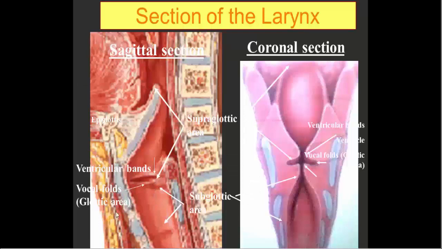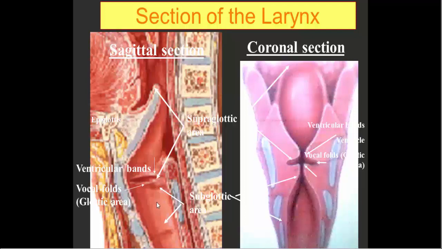This section of the larynx demonstrates the three regions of the larynx. First, this is supraglottic, then this is glottic, and this is infraglottic. Supraglottic starts at the epiglottis and extends to the surface of the false vocal cord, including the false vocal cord.